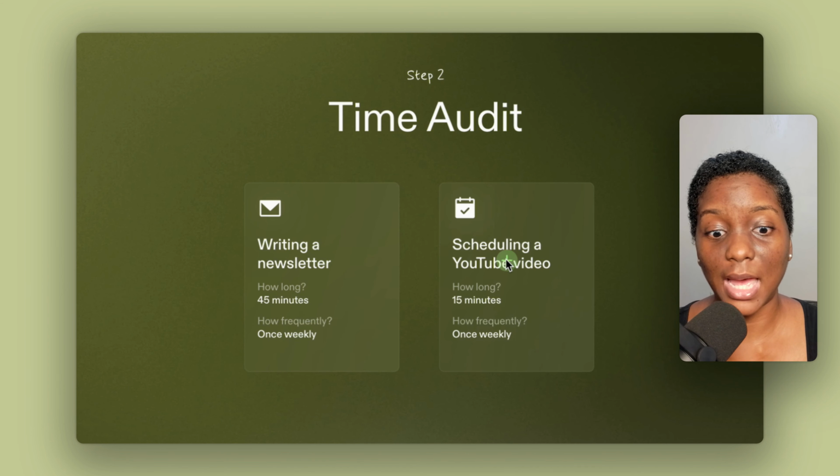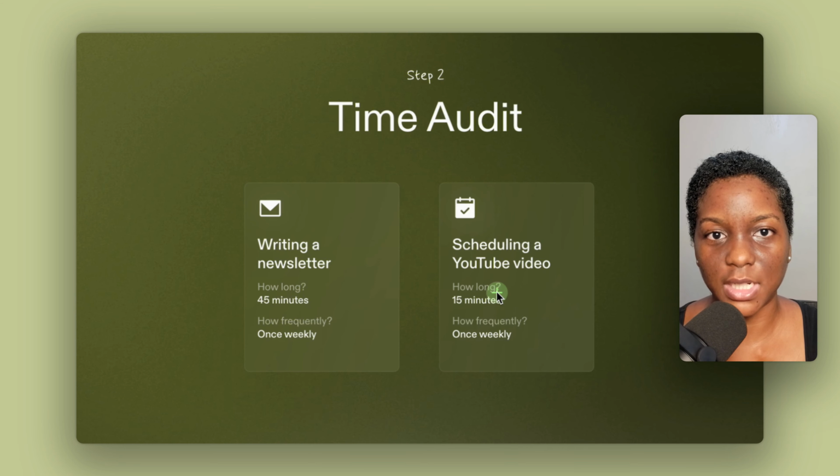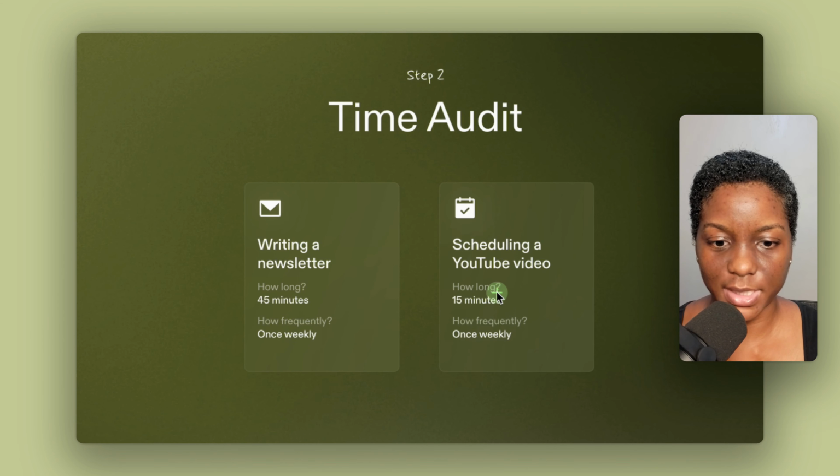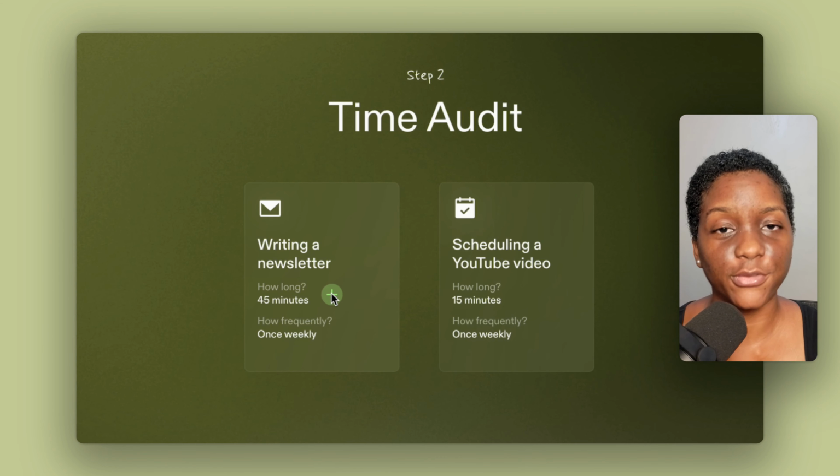Each task is going to have its particular duration of time, and again, this step is going to save you so much time when it comes to actually getting into the hiring process. But for now, just write down inside of your list how long it's going to take you and how frequently you do each of these tasks.